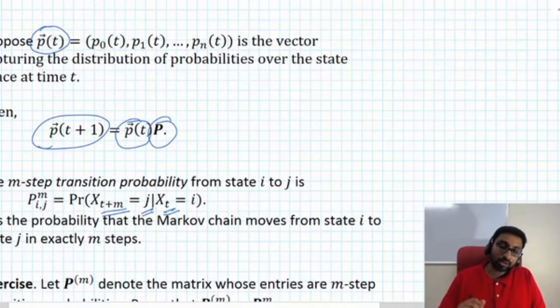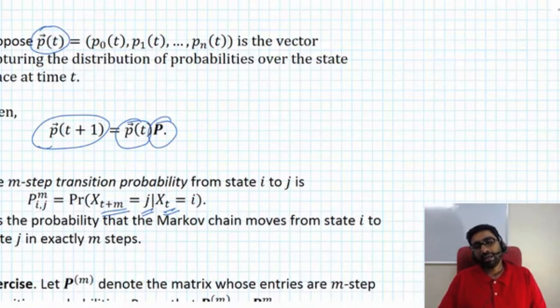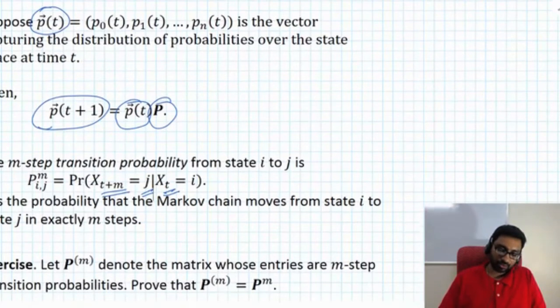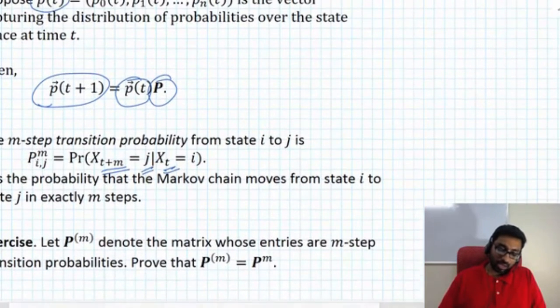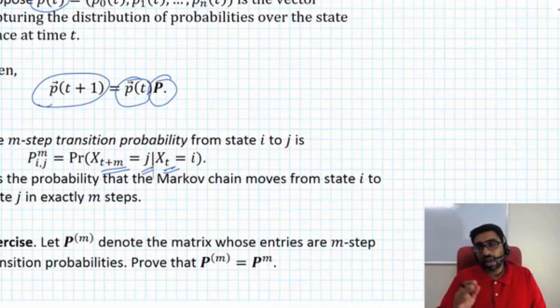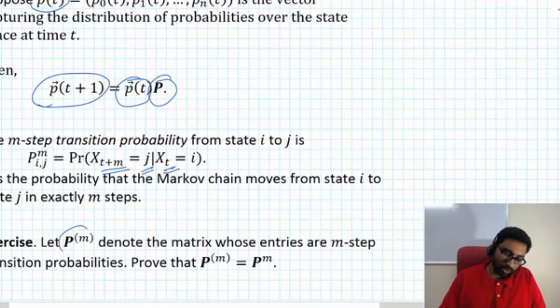Okay, so it's the probability that the Markov chain will move from state i to state j in exactly m steps. Okay, and so let's consider the matrix whose entries are these m step transition probabilities, and that we're going to denote by p superscript m within parentheses.